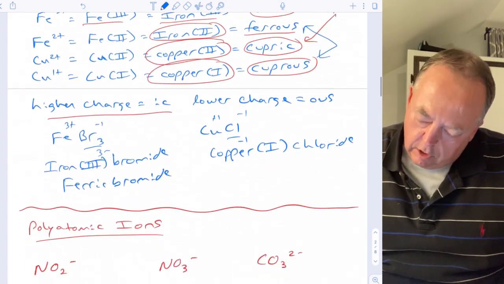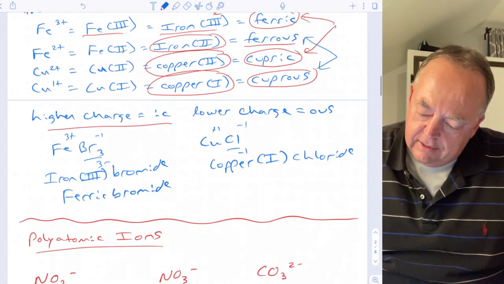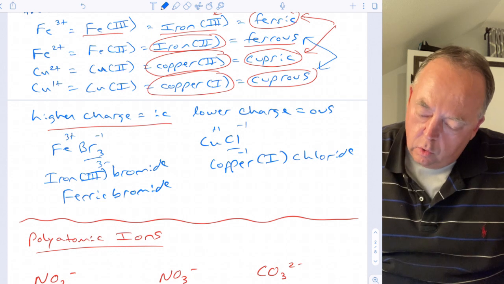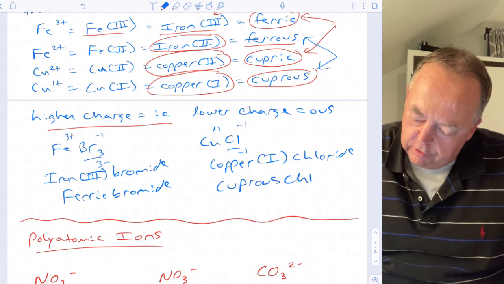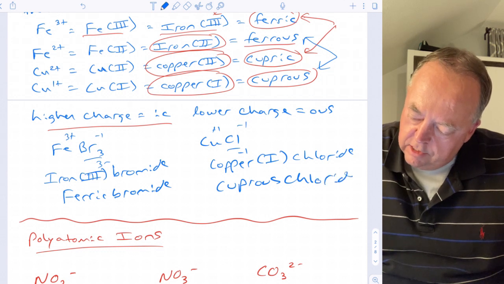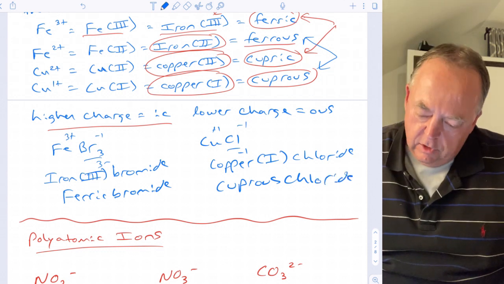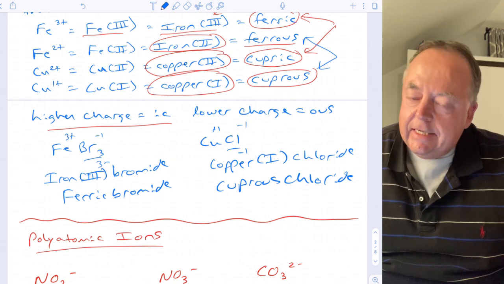So you would call this copper(I) chloride, or since it's the +1, the lower charge state, sometimes you would see this called cuprous chloride, right? Cupric chloride would be CuCl2.